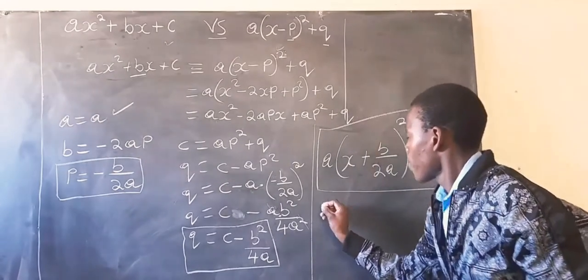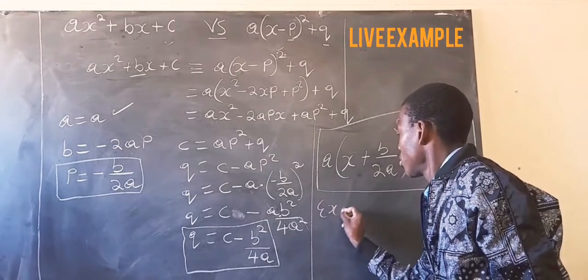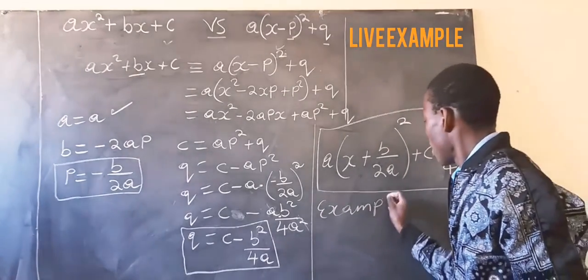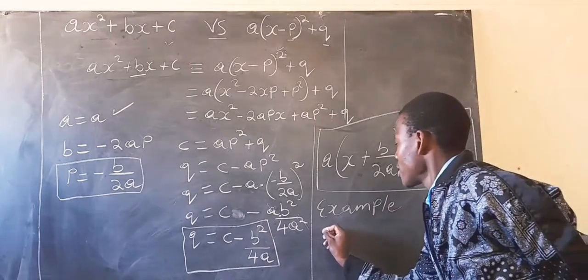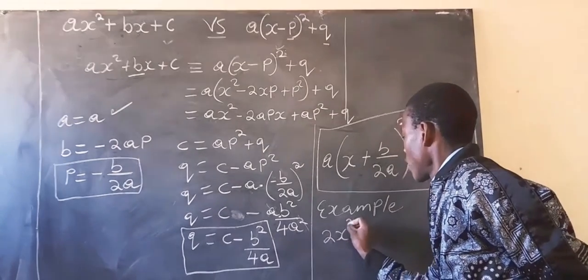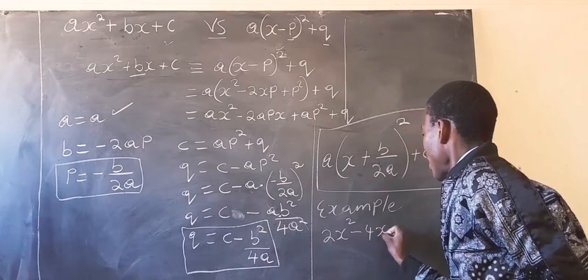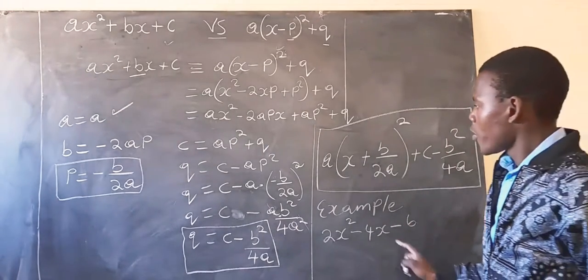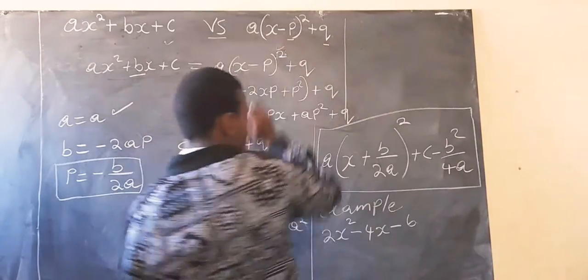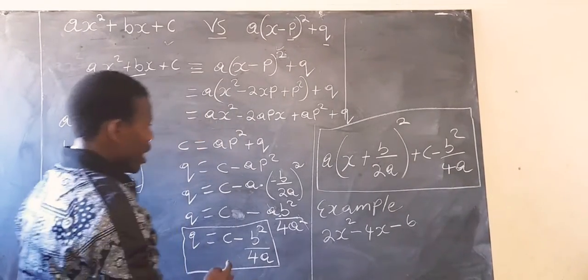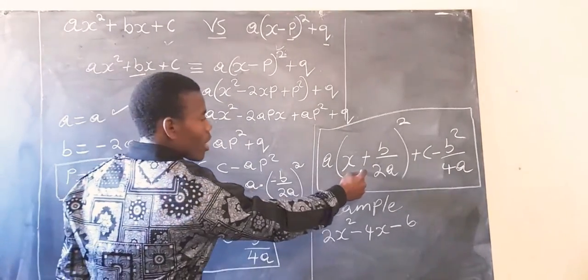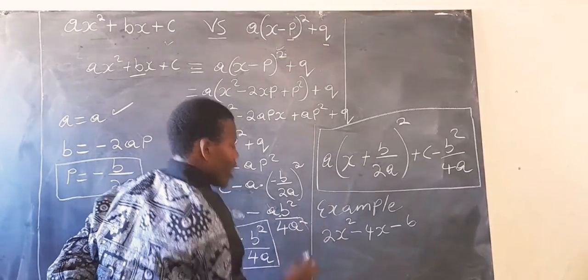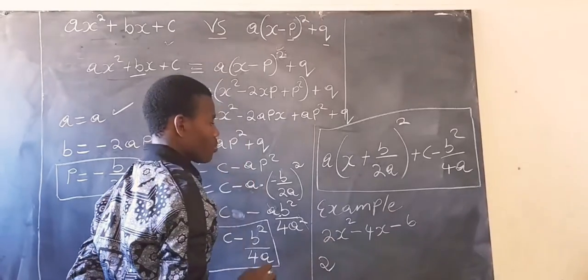For example, let's say you have 2x squared minus 4x, then minus 6. Let's say you have this one, then you are to write it in vertex form. And let's use this formula. Then what is your value of a? The value of a is just 2.